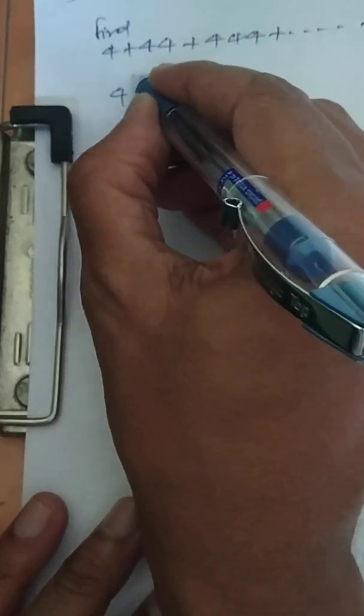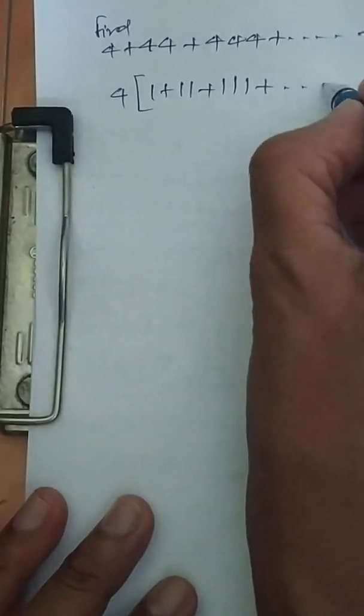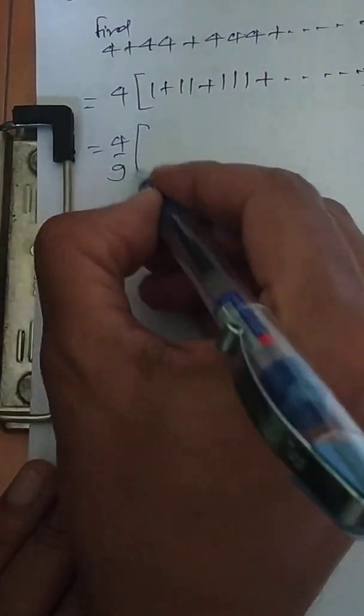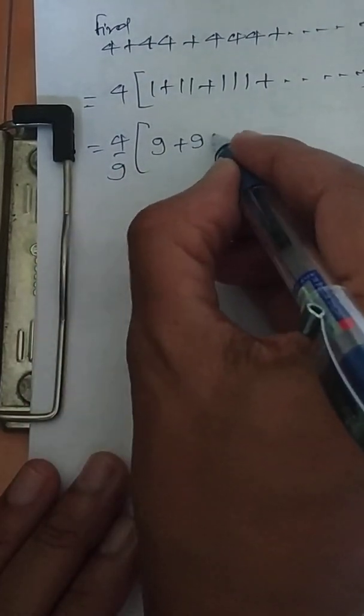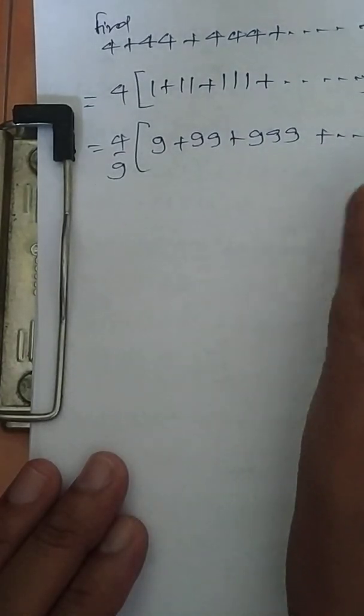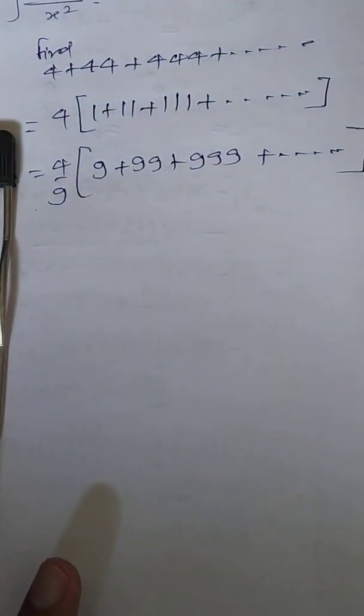You can take 4 common, it will be 1 plus 11 plus 111. Again the question is not in arithmetic progression, not in geometric progression. So now at this place you can multiply and divide by 9. So it will be 9, 99, 999. But still the question is not in arithmetic progression, not in geometric progression.